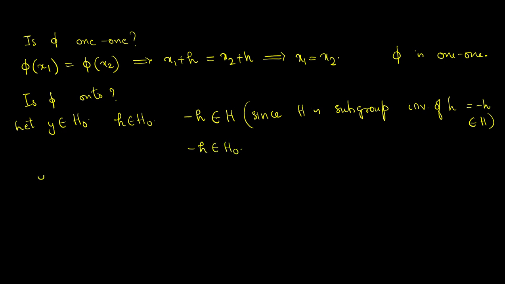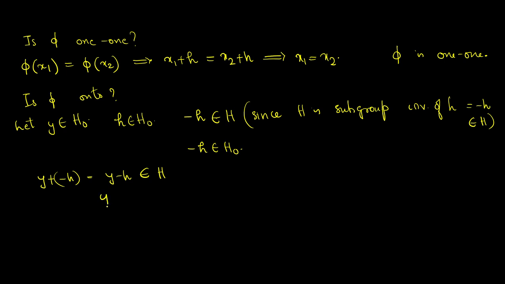Alright, now consider y plus minus h, which is the same as y minus h. It is an odd element minus another odd element, so it has to be even, right? So this is even, and we know that y minus h, where we are taking y in capital H minus h in capital H, is definitely going to be there in capital H, because H is a subgroup.